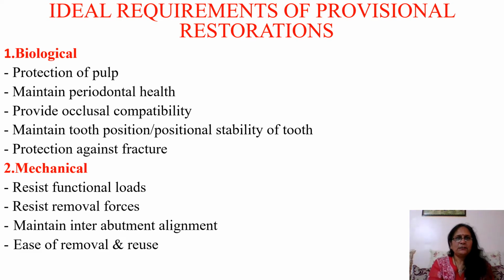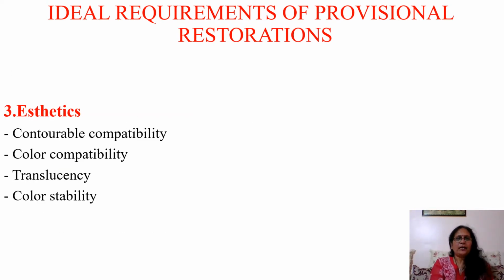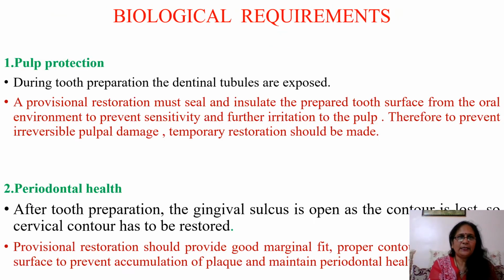Mechanical factors: it should resist functional loads, it should resist removal forces, it should maintain inter-abutment alignment, it should be easy to remove and reuse. Aesthetic factors: it should be easily contourable, it should have color compatibility, it should be translucent, it should have color stability. We'll discuss biological requirements.